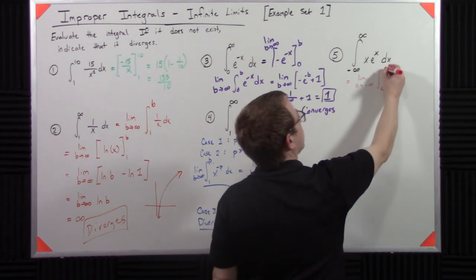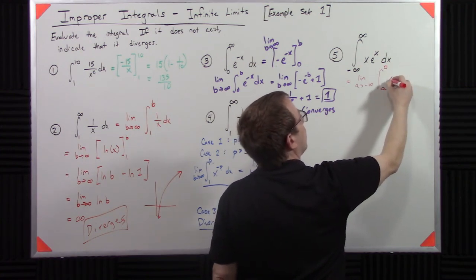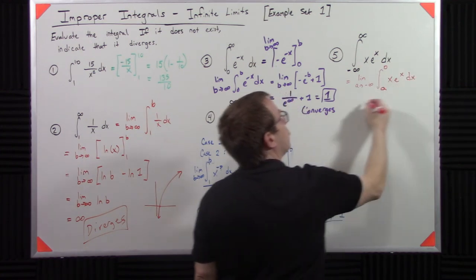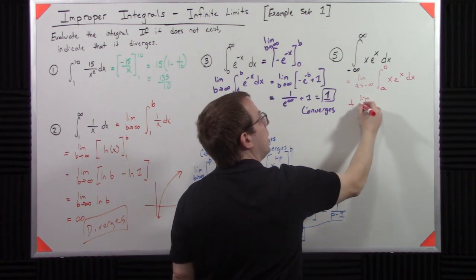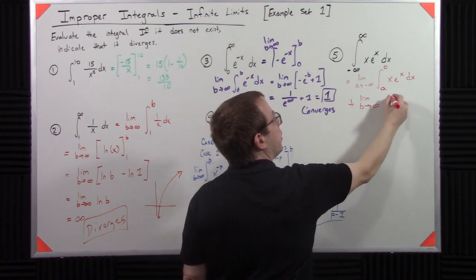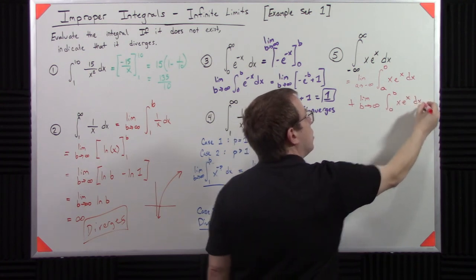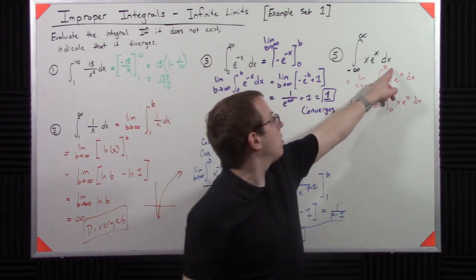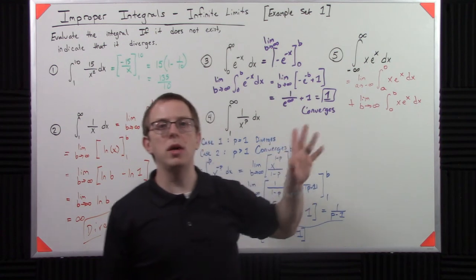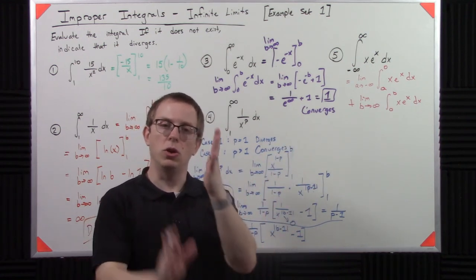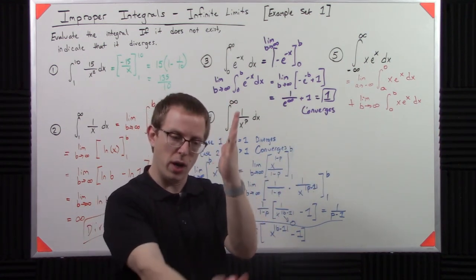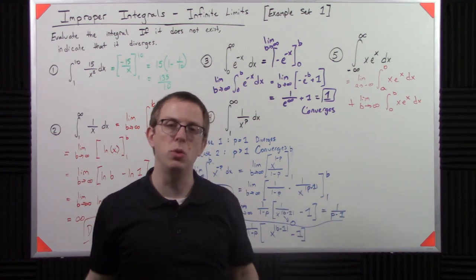So I have to say from a to 0 of x e to the x dx plus the limit as b goes to positive infinity of the integral from 0 to b of x e to the x dx. So just make sure that whatever you pick here, you have to pick that there. Otherwise it doesn't work out. Like you're cutting it the wrong way. You're trying to cut it in the middle and examine two integrals separately.